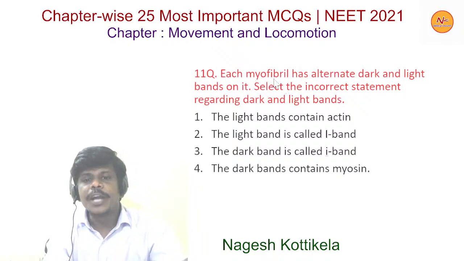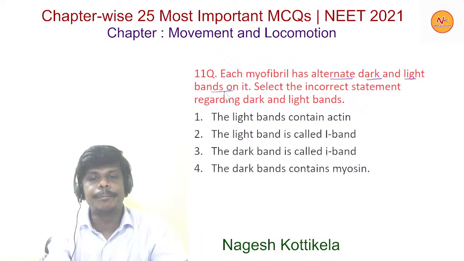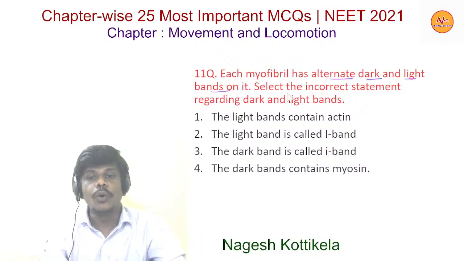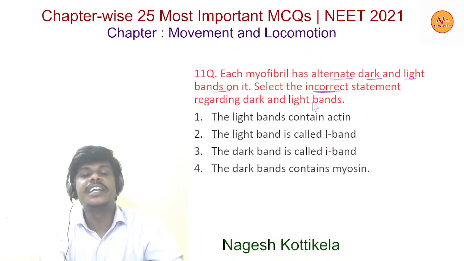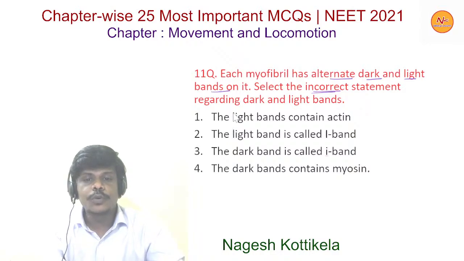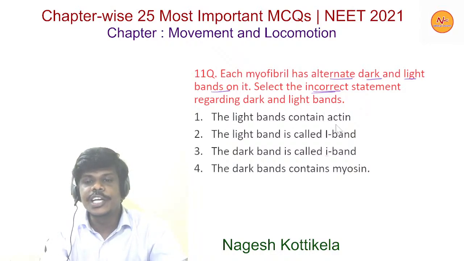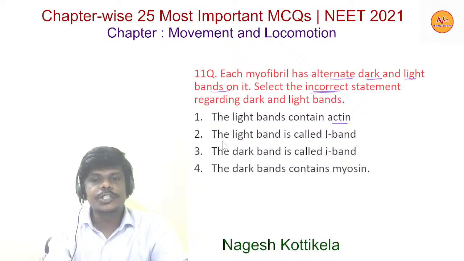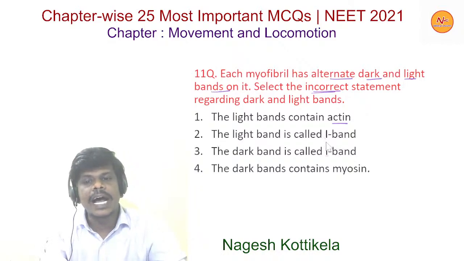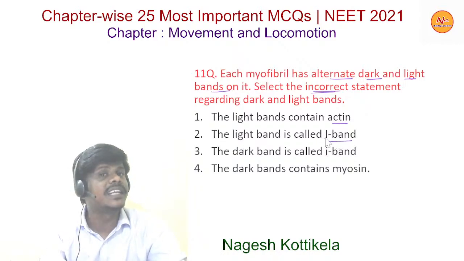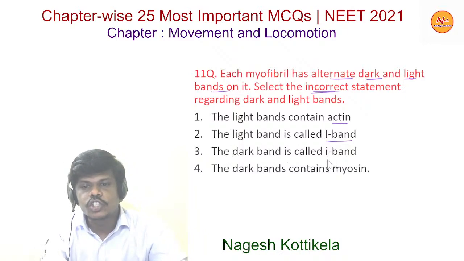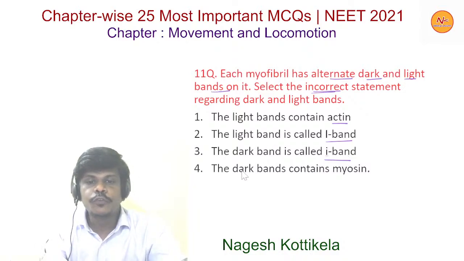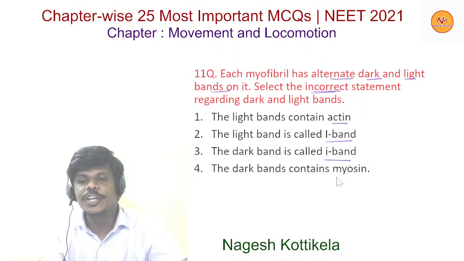each myofibril has alternate dark and light bands on it. Now select the incorrect statement regarding dark and light bands. Option 1, the light bands contain actin. Option 2, the light band is called I band, capital I. The third, the dark band is called small I band, and the fourth, the dark bands contain myosin.